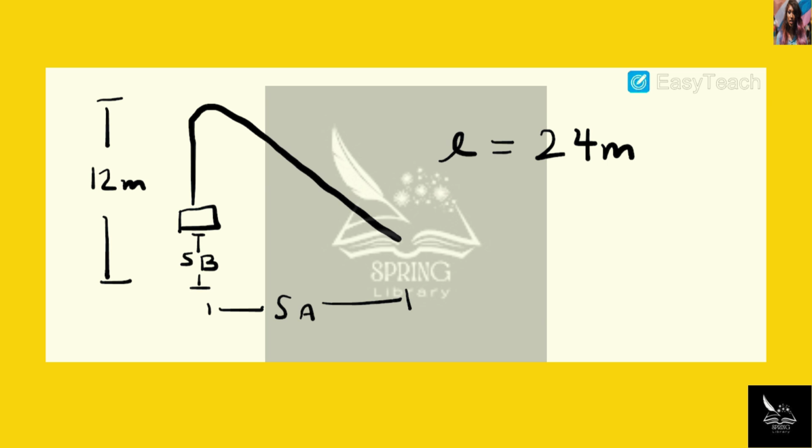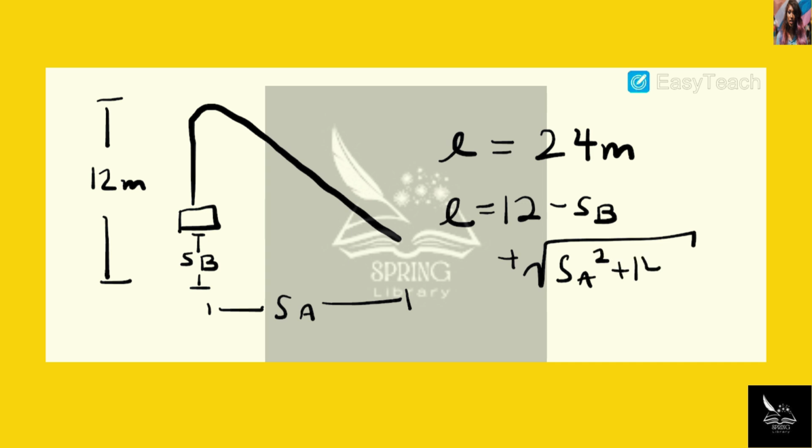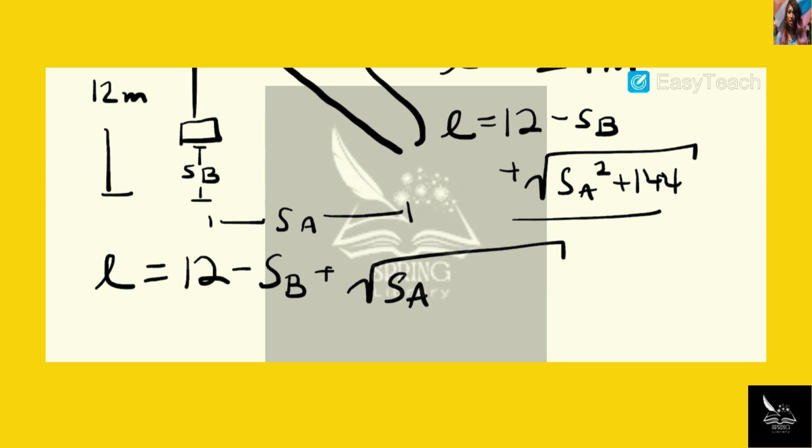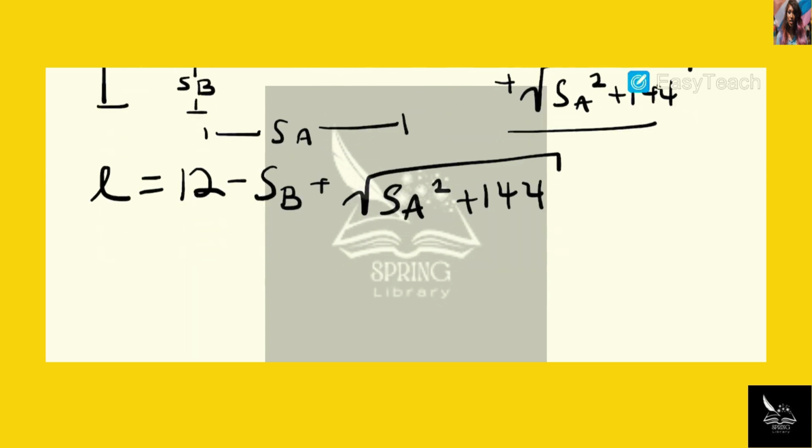So we can say that L is equal to 12 minus SB plus the square root of SA squared plus 144, which is just the length of this hypotenuse here. Now we can differentiate L with respect to time to get velocity.